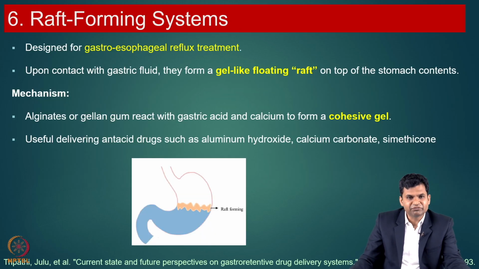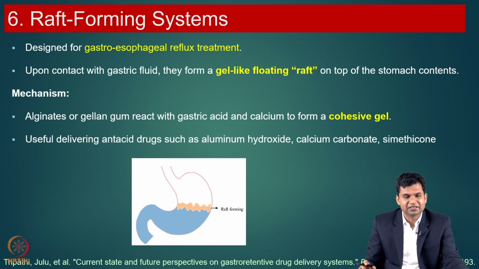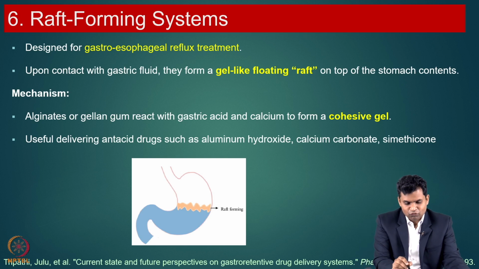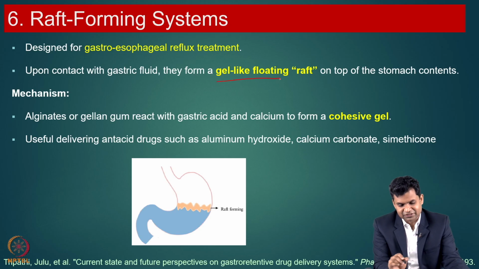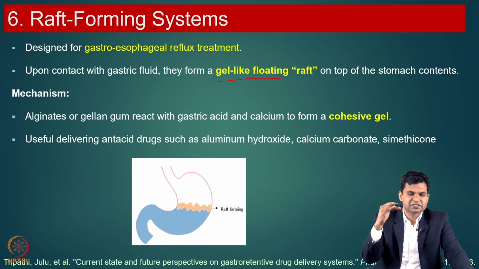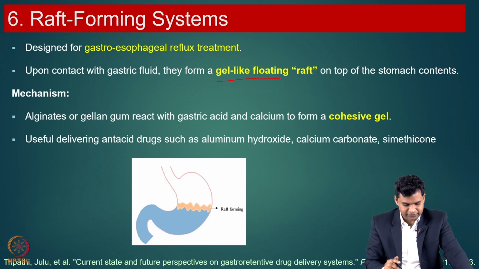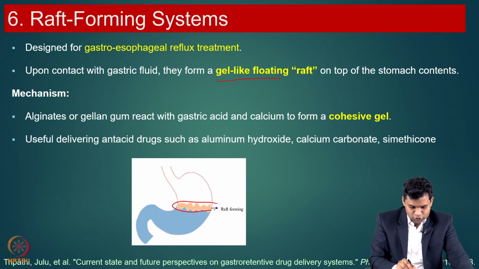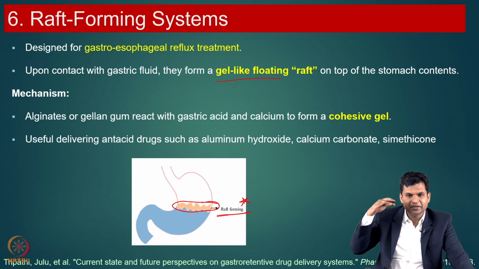So, the raft forming system. By seeing the name, you will understand, raft is nothing but forming a gel-like structure that will float on the surface of the gastric fluid. You can see in the picture. A raft is like a boat which will float on the water.